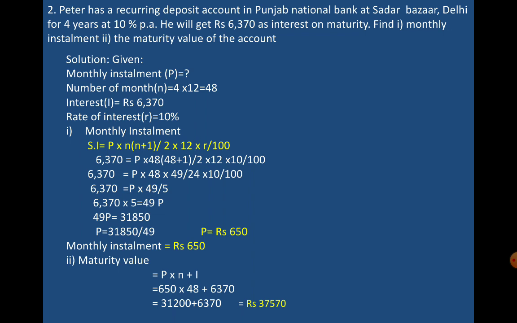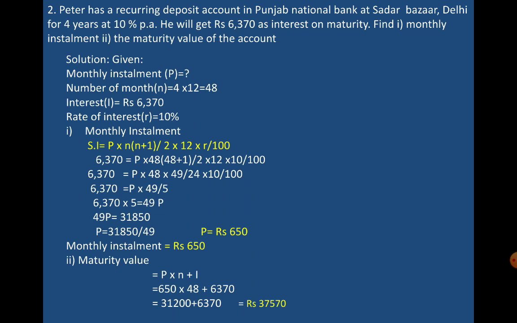So maturity value equals P into n plus I. We already found P equal to rupees 650, into number of months 48, plus I, which is given in the question, 6,370.